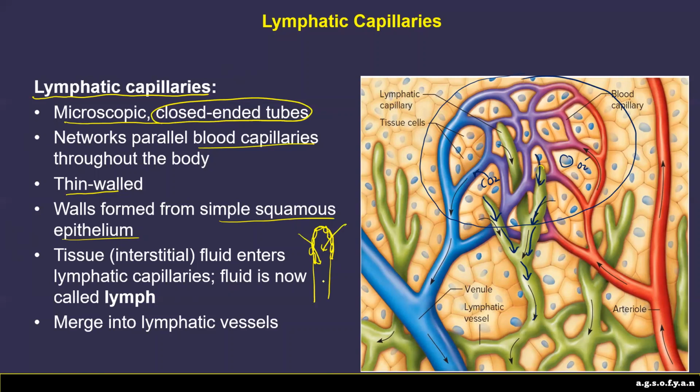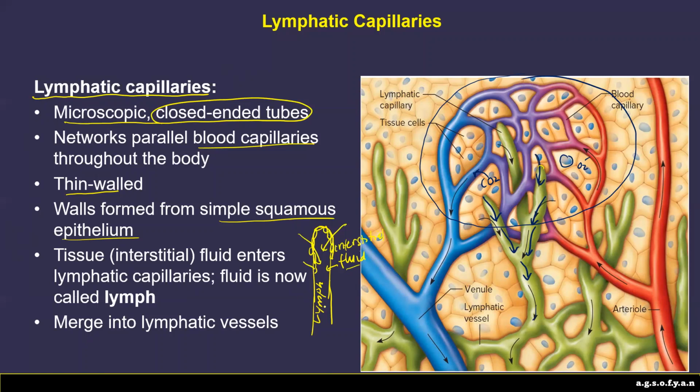The fluid outside is called the interstitial fluid. When it goes inside the lymphatic vessel, the fluid is now called lymph. So the name of the fluid inside the lymphatic vessel is lymph. It's actually coming from the interstitial fluid in the capillaries.